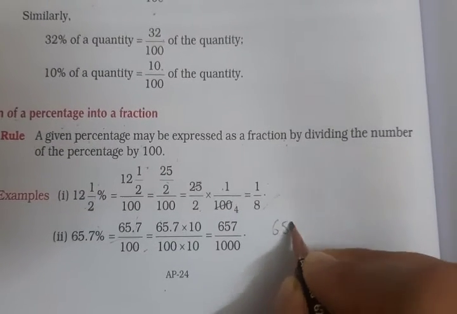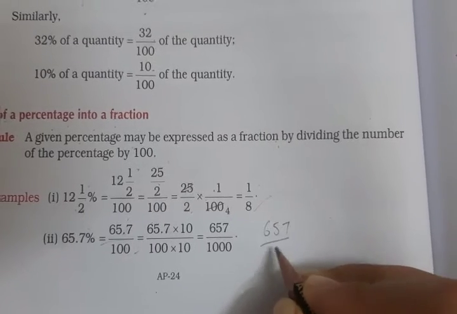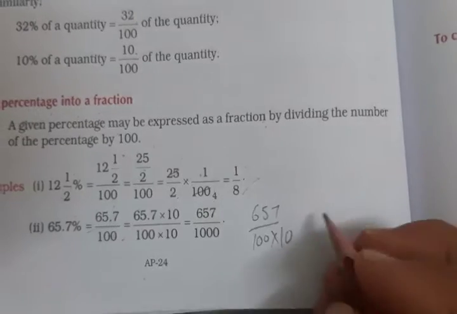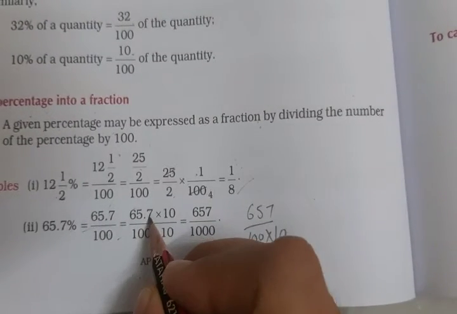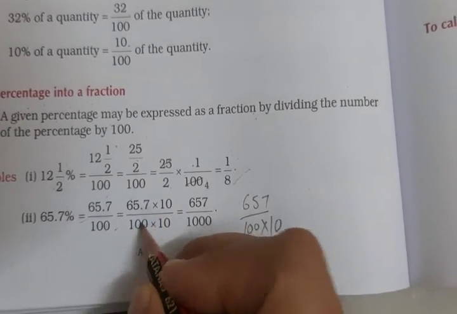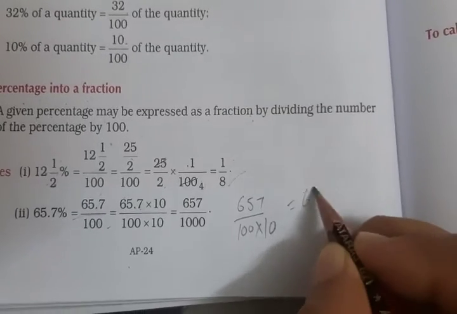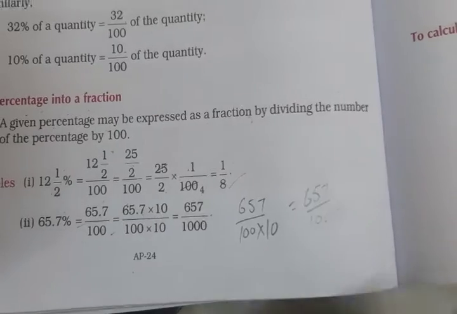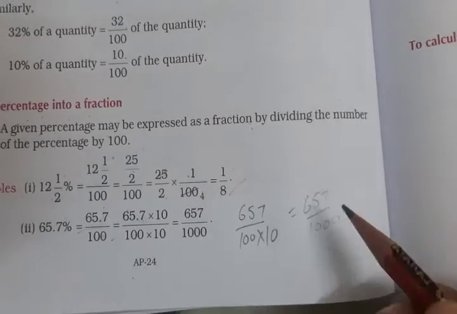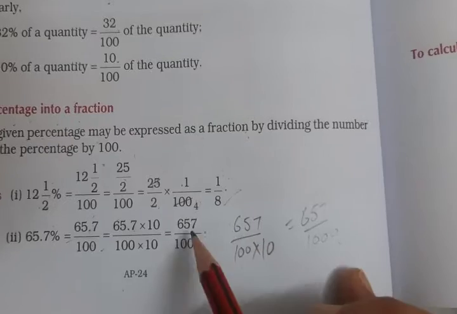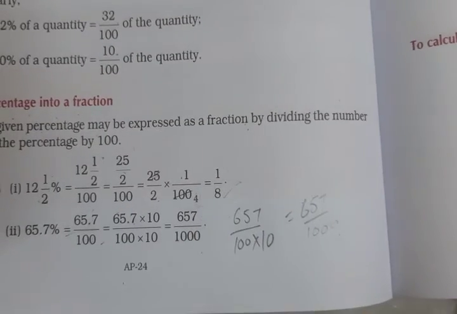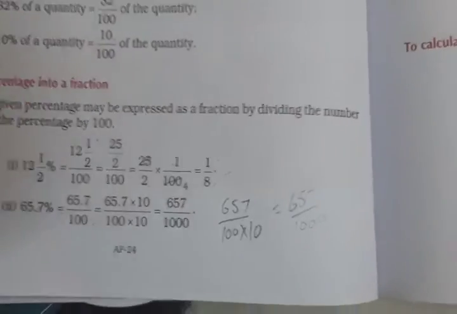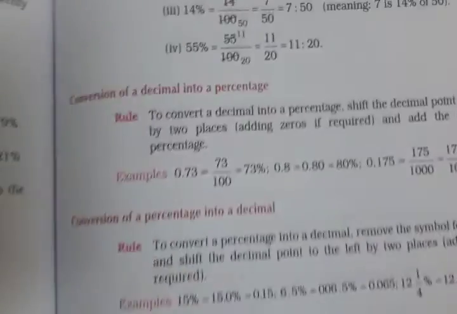What we will get is 657 over 100 into 10, because the decimal was one place, so 1000 comes. Then we write 657 divided by 1000. Now these two do not divide by any common table, so this is left as it is. Okay, so we will write it like that.